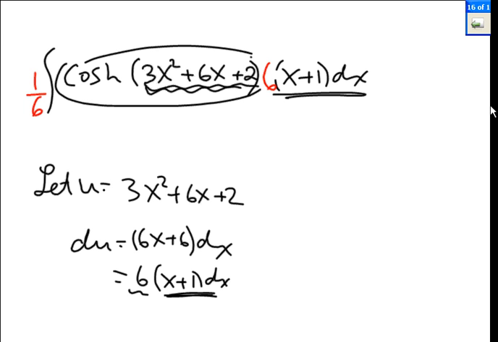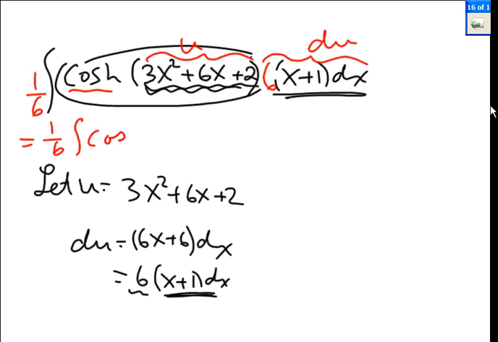Okay, so this part is reserved for du, and that's u. So I'm in the form of 1/6 the integral of hyperbolic cosh of u du.